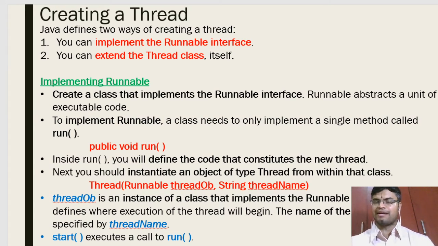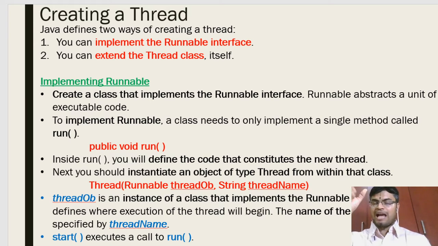The same applies in the Thread class, we will see a little later. Whichever class implements the Runnable interface should have a function called run, because in the Runnable interface there is an abstract function called run that has been declared. That function has to be overridden in the class which is implementing the Runnable interface.